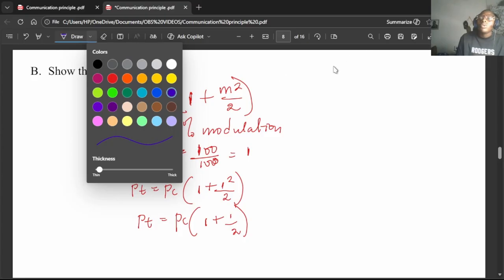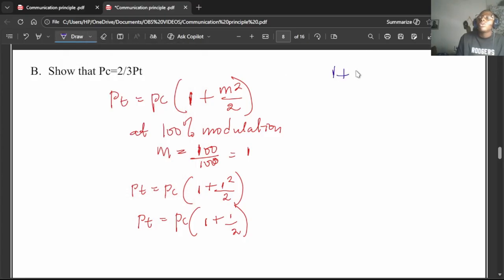So we have 1 plus 1 over 2, which is the same as writing 1 over 1 plus 1 over 2. Now the next thing we do is get the LCM. 2 is the LCM. So 2 divided by 1 is 2, 2 times 1 is 2. Plus 2 divided by 2 is 1, 1 times 1 is 1. So we have 2 plus 1 divided by 2, and this gives us 3 over 2.